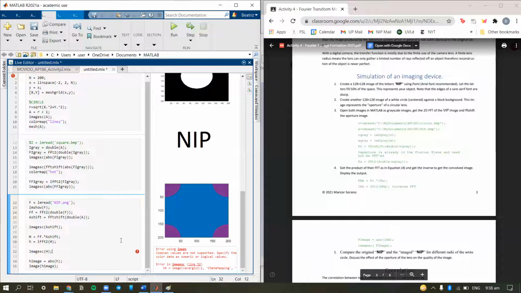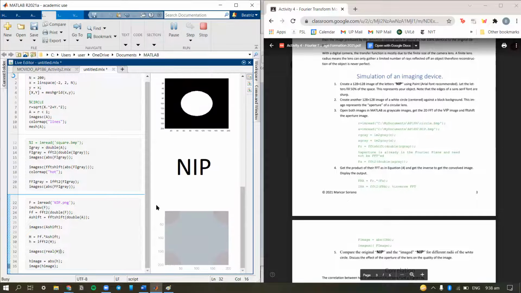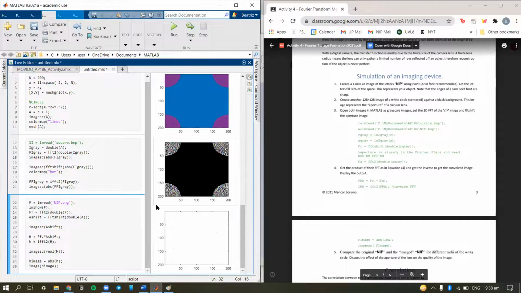Oh, now we have a problem. What did it say? Error using image. Complex values. Ay, abs pala, te. Paki-abs lang. Ay, real. Sorry, te. Real. Para yung real part lang. Okay, that's correct.